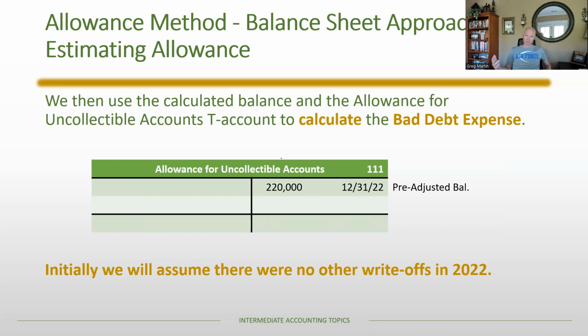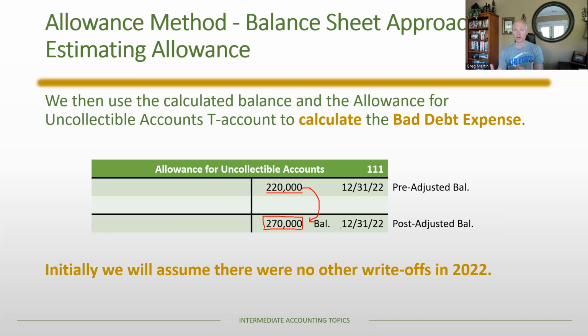We haven't touched it. So now what we do is we say, okay, well, we just calculated what we thought the balance should be. And so we put that information into the T account. That's where the 270 came from, that calculation in the table. This was the pre-adjusted balance. And then this is what we calculated in the table. And so really the question is, well, how do I go from a $220,000 credit balance to a $270,000 credit balance?